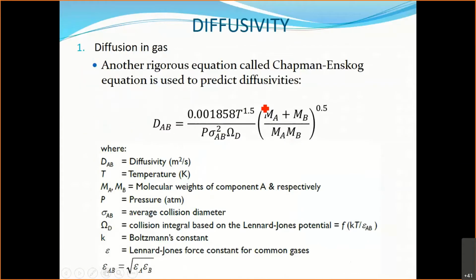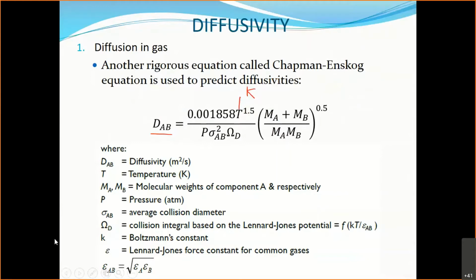The second equation, and usually we'll be focusing more on this one, is the Chapman and Enskog equation that predicts the diffusion coefficient. Here again, DAB is our diffusion coefficient, and T is our system temperature. T must always be in Kelvin.